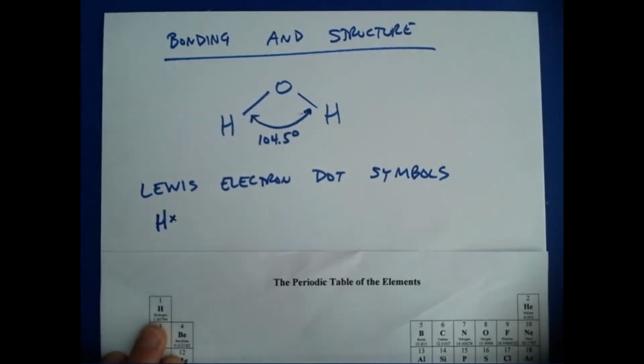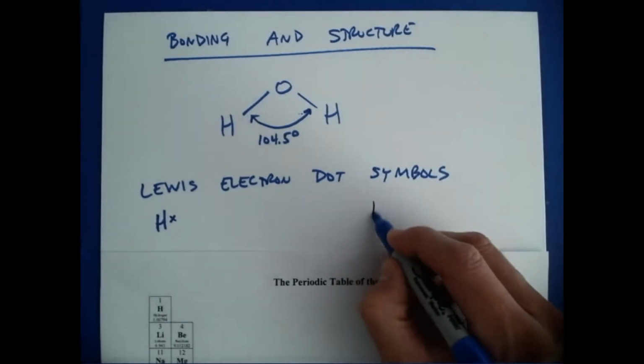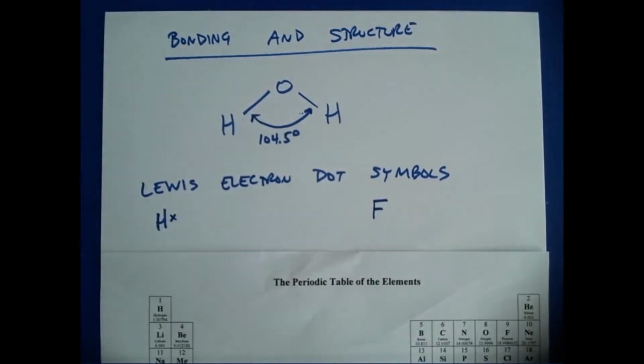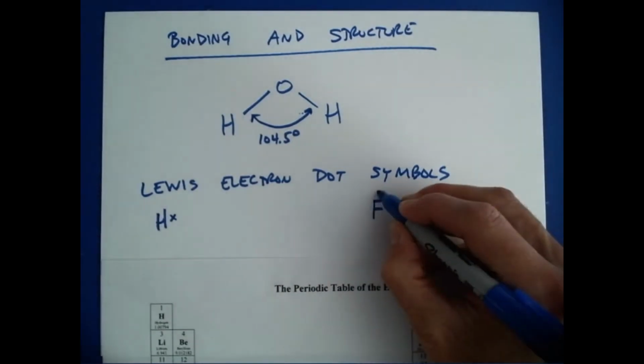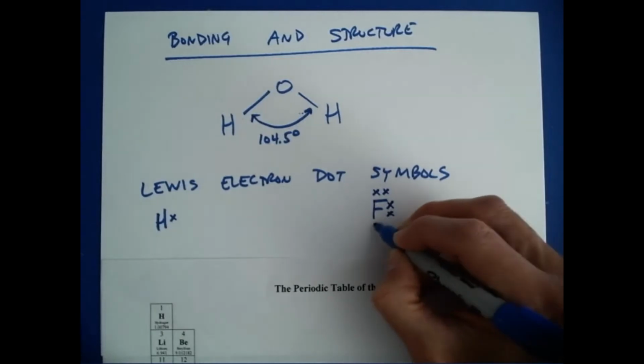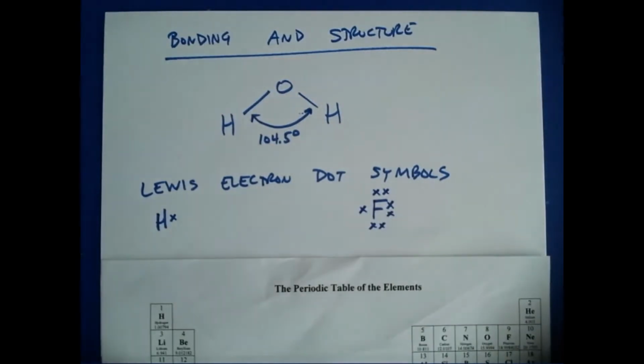If I wanted to do this, say, for fluorine, all the way here on the other side, well, that's going to be 1, 2, skip a few, 3, 4, 5, 6, 7. All of the halogens have 7 valence electrons, so if I wanted to draw the Lewis electron dot symbol for fluorine, I would put 7 valence electrons around the symbol for fluorine.